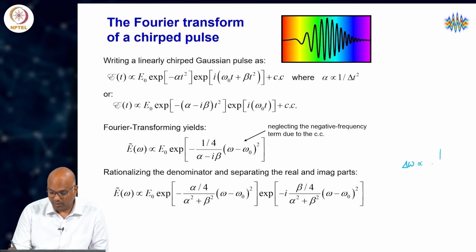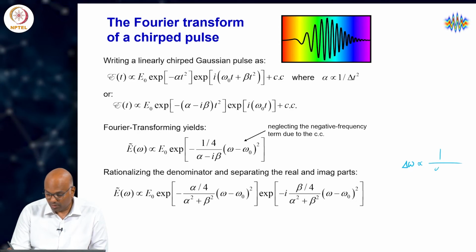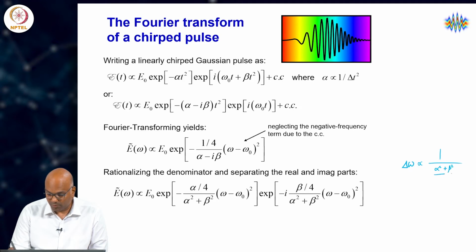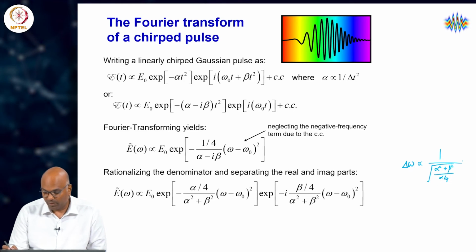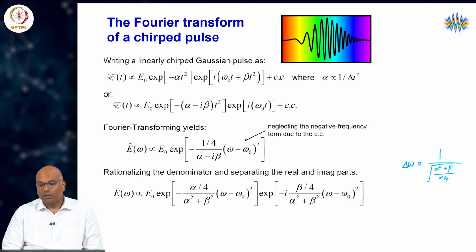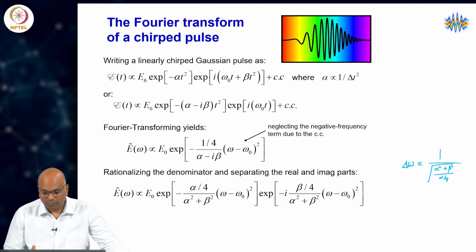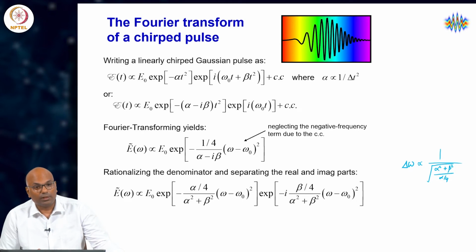It would essentially be related to alpha plus alpha square plus beta square divided by alpha by 4, right. So, this would be the case for a Gaussian pulse with a linear chirp.